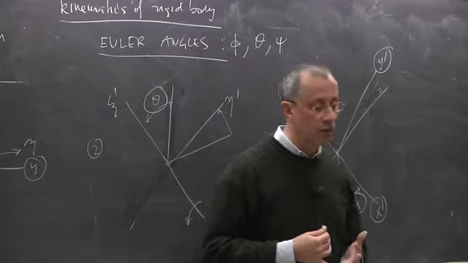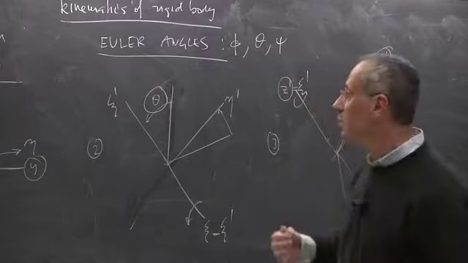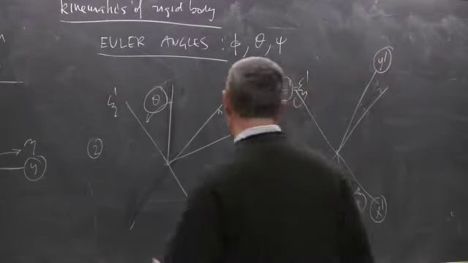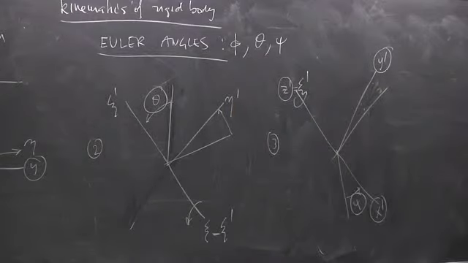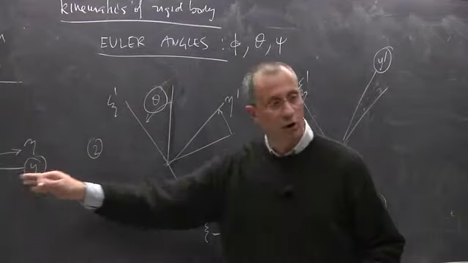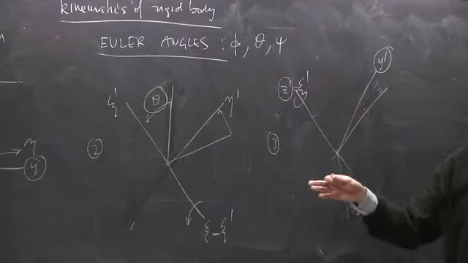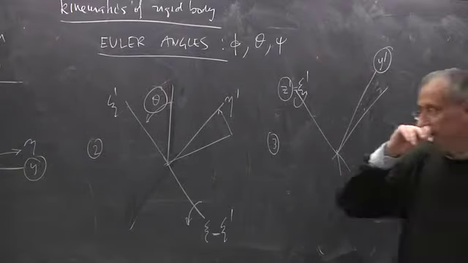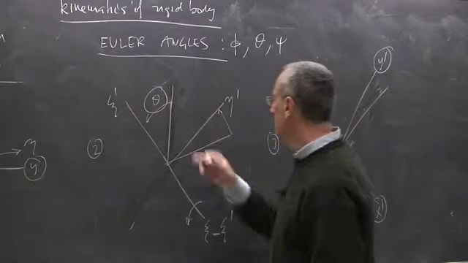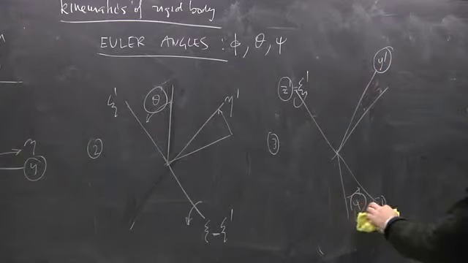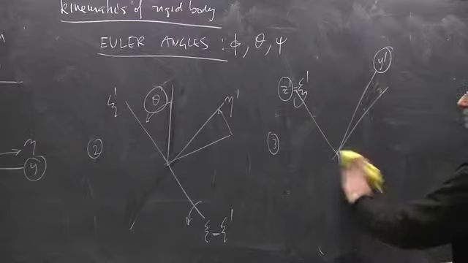So it's going to be a matrix that will depend on these 3 coordinates. But what is this matrix? You can find probably a much better picture of this in the Goldstein book. Okay, it's drawn much better, so there you can maybe understand more clearly the definition of these Euler angles.